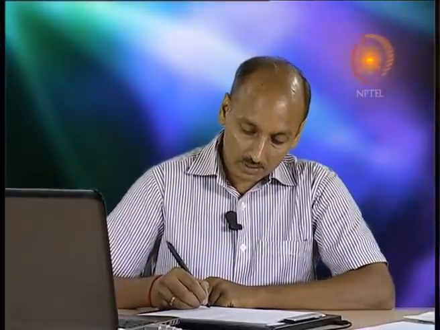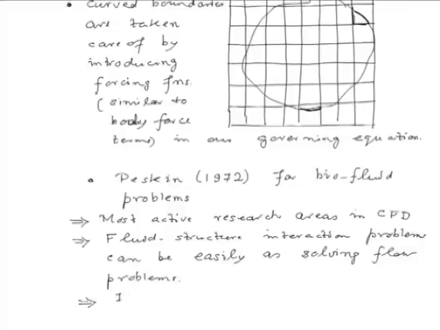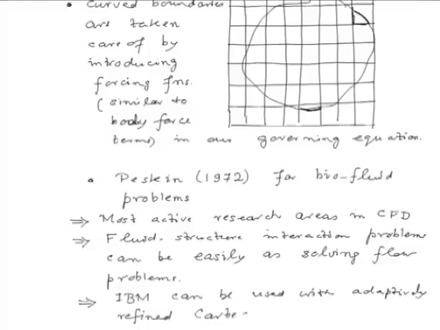And recently many new developments have taken place in the case of IBM, and this IBM can be used together with what we call adaptively refined Cartesian grids. What do you mean by adaptive refinement?